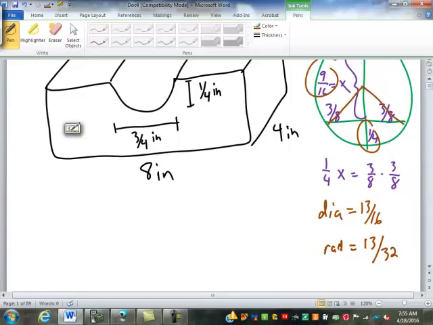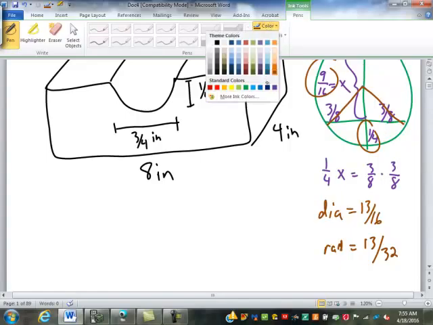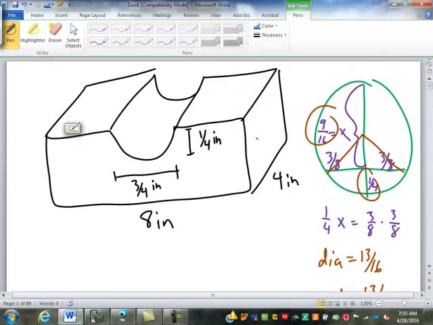So we're going to draw this in. Now we want to know volume and surface area of all this. Now that we've got the radius, which is the first part, we need to get this angle here. That angle is going to be the inverse sine. This is 3/8 over 13/32.